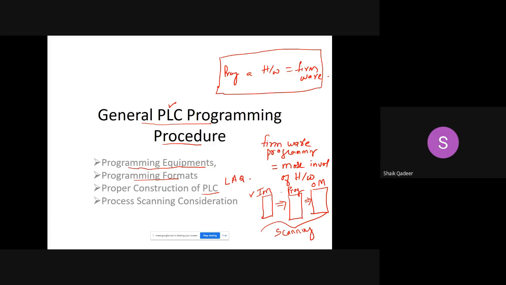I repeat, first the PLC scans the input module. IM stands for input module. Then the program which we are writing is executed. After that, the result obtained from the execution of the program is used to update the output module. This three-step process is called the scanning process. Hope it is clear to everybody.